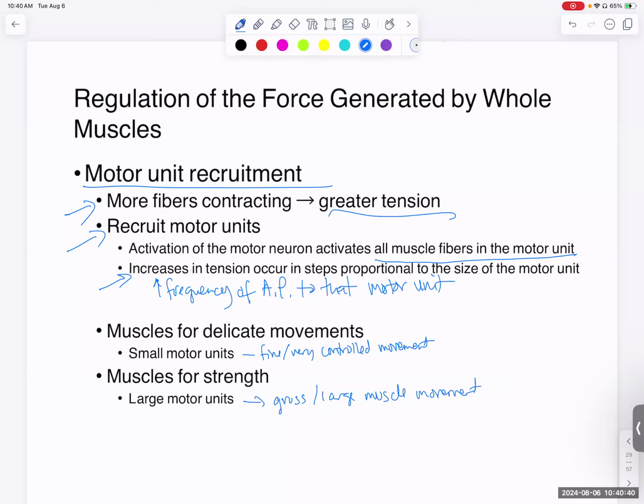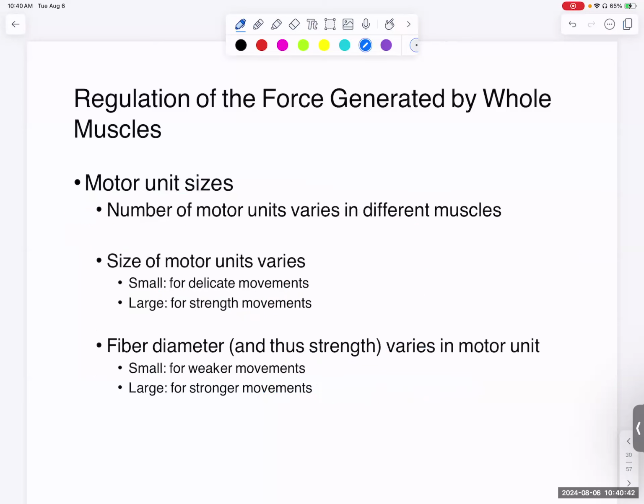So your quadriceps or glutes, they're just doing big things. They have one motor neuron going to hundreds of muscle fibers. So motor unit size is determined by the number of fibers that are innervated by that motor neuron.